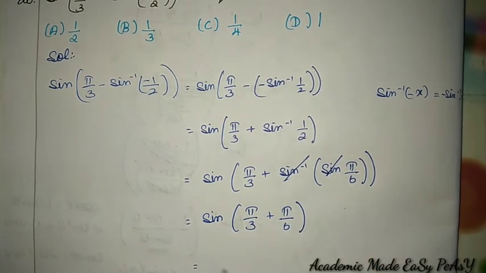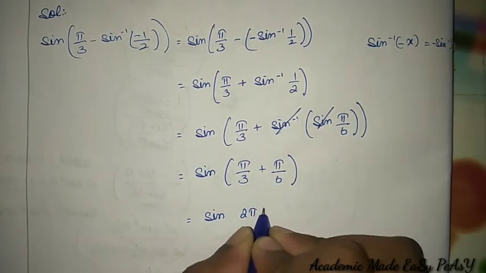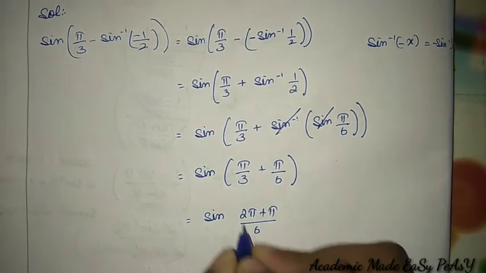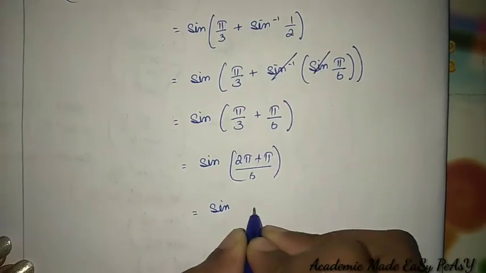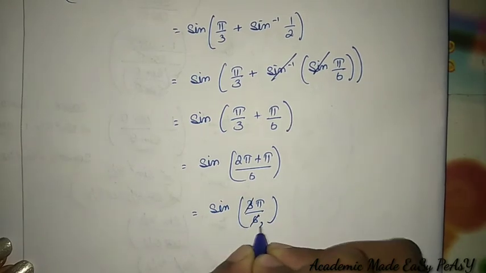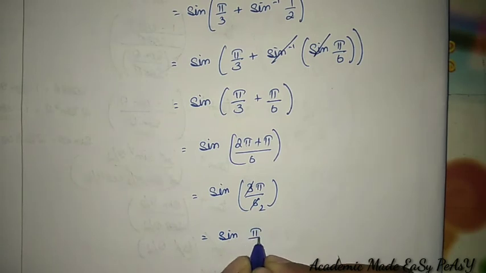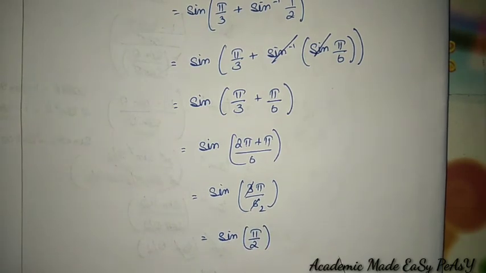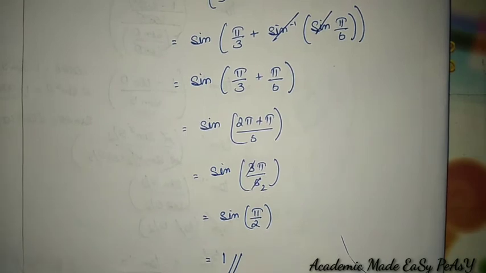So now let me take LCM. So sine (2 pi plus pi) by 6 is equal to sine 3 pi by 6. So pi by 2. So I will have sine pi by 2. So what is sine pi by 2? Sine pi by 2 is 1. So this is my answer.